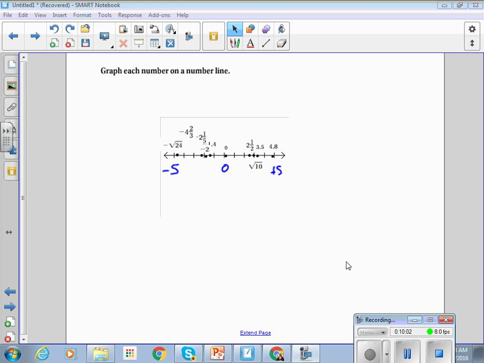Negative 1.4 is halfway between negative 2 and negative 1. 0 is on 0. 2.5 is halfway between 2 and 3. 3.5 is halfway between 3 and 4. Square root of 10 is a little bit more than 3. And 4.8 is a little bit to the left of 5. Easy peasy.